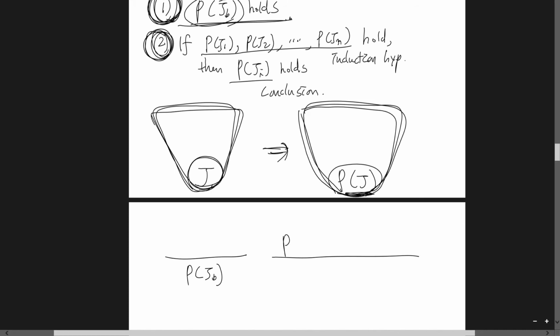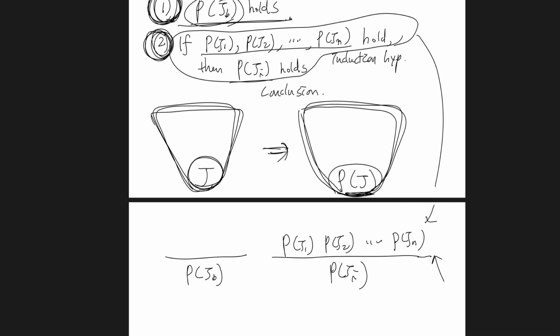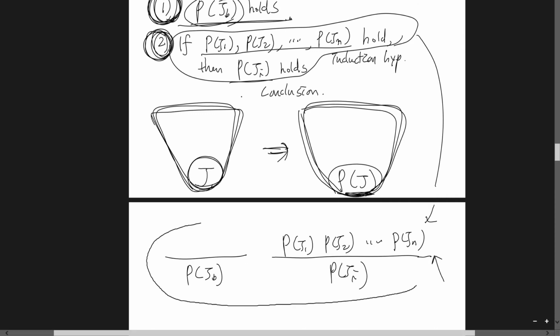The premises consist of P of J1, P of J2 through P of Jn, and the conclusion is P of Ji. So this inference rule is not something special. It's just a transcription of this statement, reformulated as an inference rule. That's all. So we can imagine that there is another system with these two inference rules.